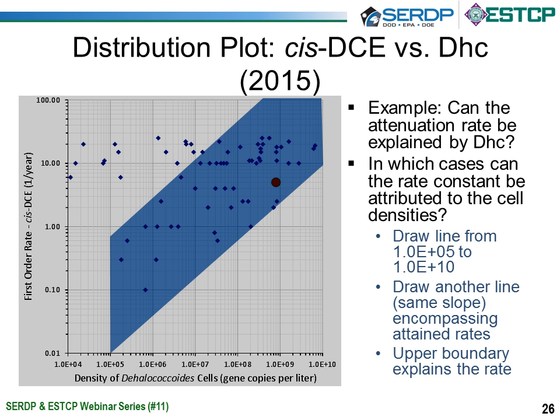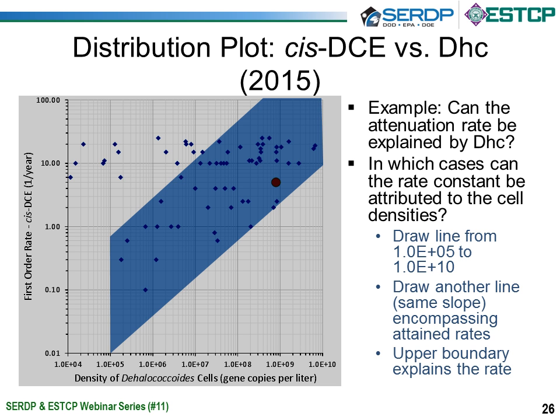What we did is we drew a line extending from 10 to the 5 to 10 to the 10th Dehalococcoides gene copies per liter to include the points that we can reasonably attribute to the action of Dehalococcoides densities. The line was drawn using professional judgment because, A, we know from the literature that those are efficient densities, but also because we can see on the y-axis that it achieved acceptable rate constants.